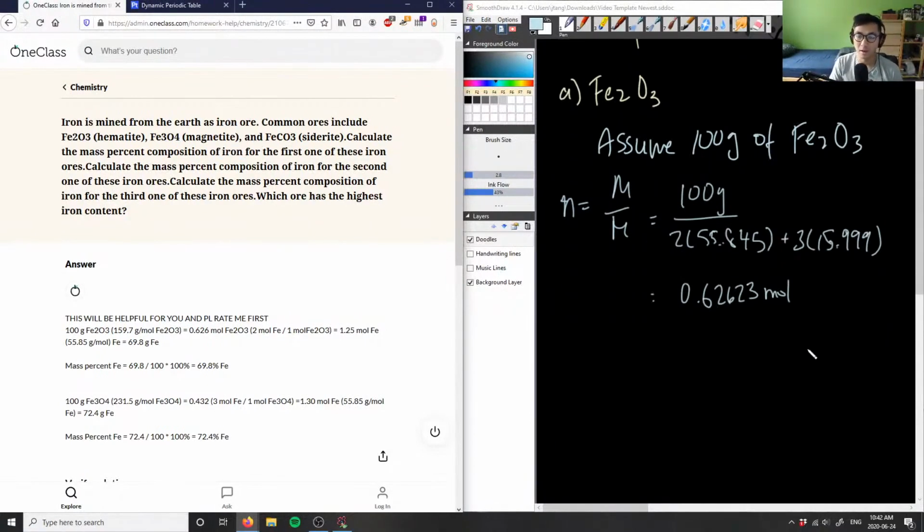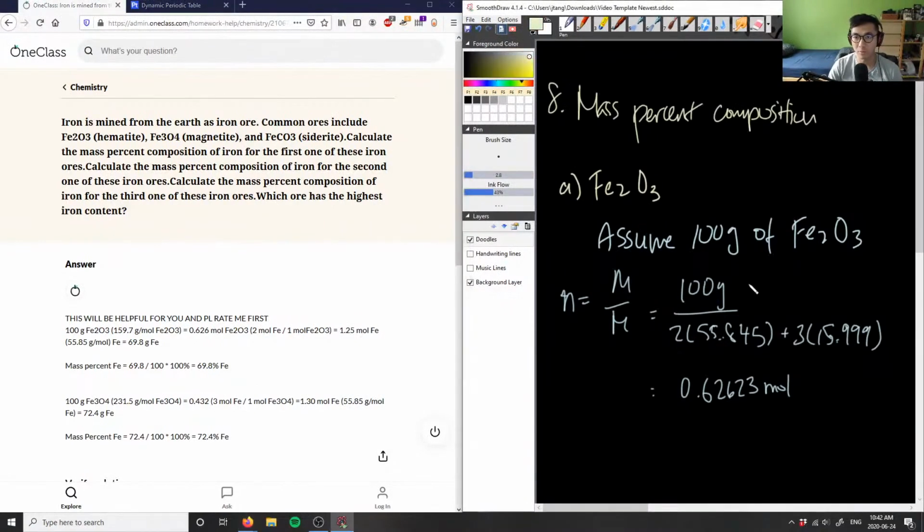Again, we can write out our chemical formula to figure out the mole ratio. So we have Fe2O3, which gives us Fe3+ and O2-. We can balance this by writing a 2 for iron and 3 for oxygen, giving us 6 and 6. But we don't really care about balancing here.